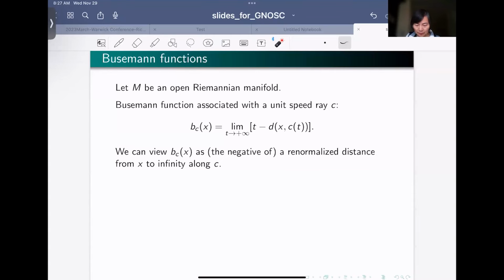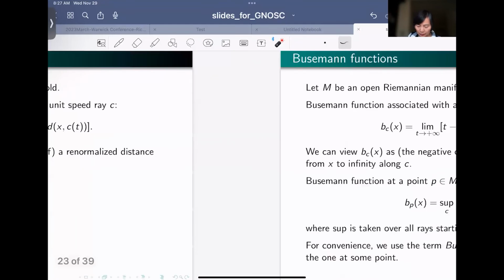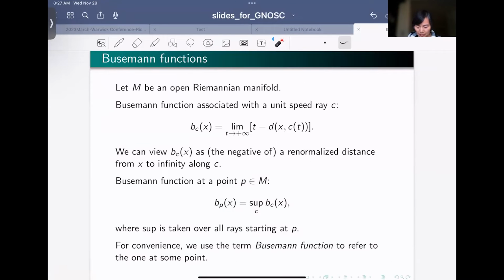This is a Busemann function associated to a ray, and here we will focus on the Busemann function associated to a point. That's obtained by taking this Busemann function and then taking the supremum among all the rays from the point. Most of the time people refer to rays, and here I will always refer to the point.